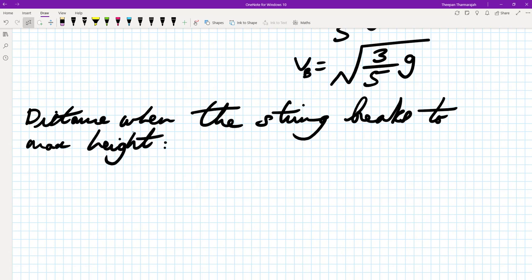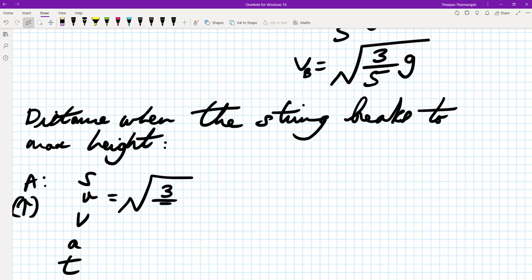So we can say for particle A, it's going upwards. So let's just do that now. Be careful that u is now going to be the final velocity of B, which was the square root of 3/5 of g. It's moving freely under gravity, so a is minus g. We want to work out s, and it goes to maximum height, so v is 0.